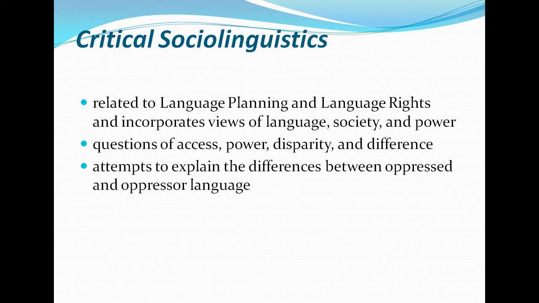So in such cases, language may be promoted with the concept of sociolinguistics, which deals with critical applied linguistics. So oppressed languages and oppressor languages, and their distinction, are discussed in critical sociolinguistics.